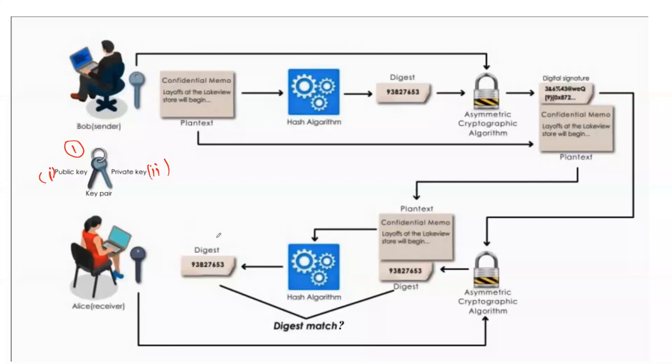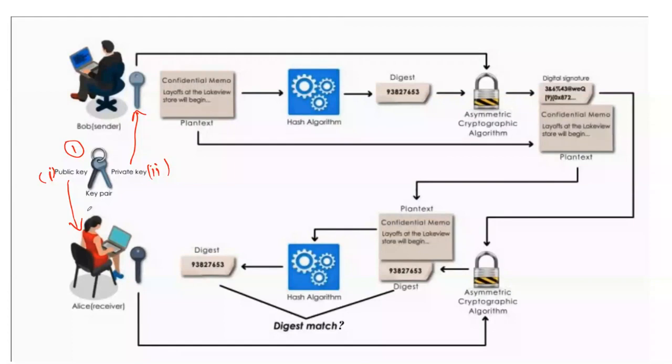In digital signature, as said, the sender uses the private key for encryption. So Bob uses his private key for the encryption operation, and Bob's public key is given to the receiver.